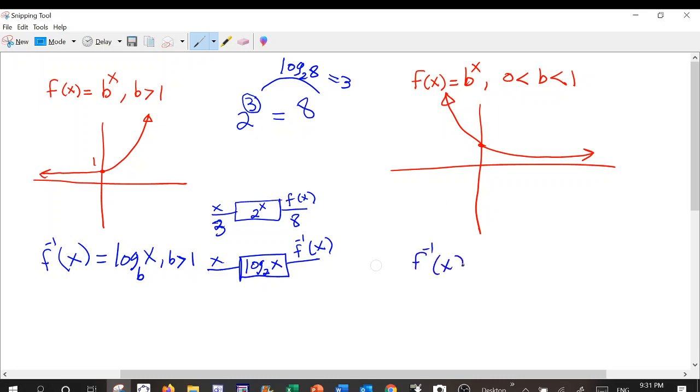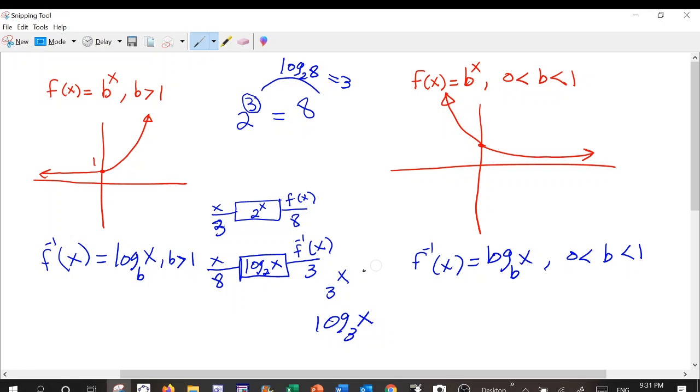The inverse would be log base b of x, where the condition is the same, b has to be between 0 and 1. So these functions are called logarithm. So if you put 8 here, what is log base 2 of 8? That means 2 to what power is 8, which is 3, right? So that's a logarithmic function. Of course, in this case, this is specifically the inverse of 2 to x. So if I want the inverse of 3 to x, I get log base 3 of x, right?